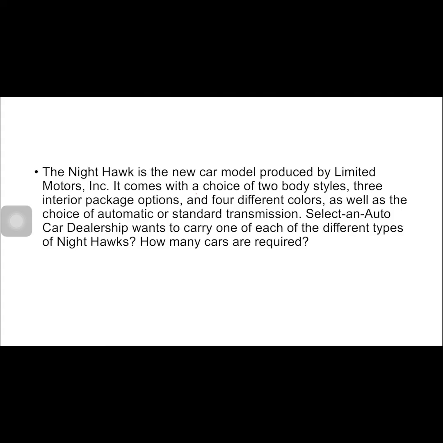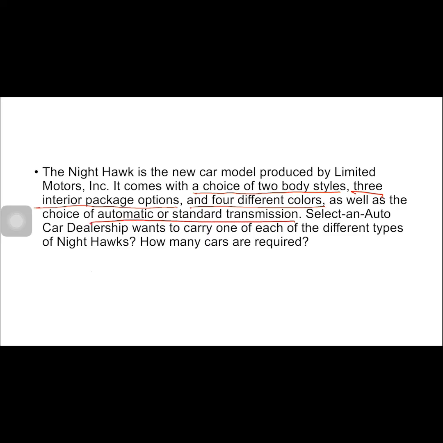A car dealership wants to carry one of each of the different types of Nighthawks. How many cars are required? Okay, so we have here a choice of 2 body styles, 3 interior package options, 4 different colors, as well as a choice of automatic or standard transmission.